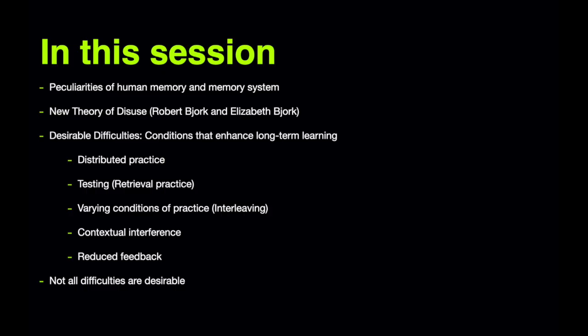Let's begin. The Bjorks explain that human memory has certain peculiarities as to how it stores and retrieves information from long-term memory. Let's look at how the human memory system stores and recalls information. To make sense of it, we will go to the basis of it all, the information processing model. Many of you already might be familiar with this model because it's taught in educational psychology courses and in Psych 101 courses.